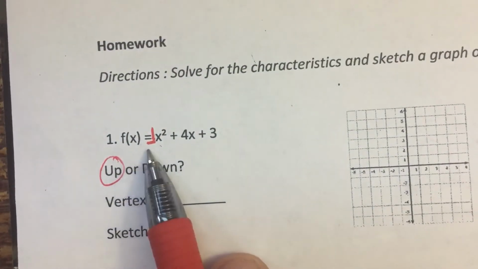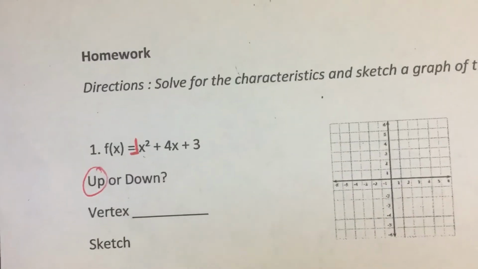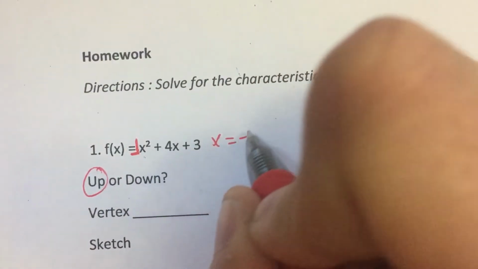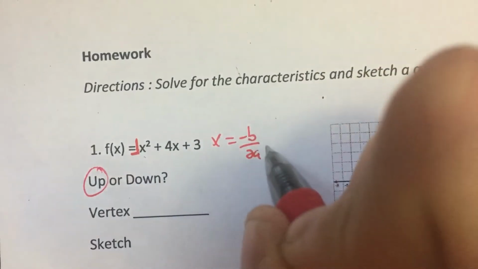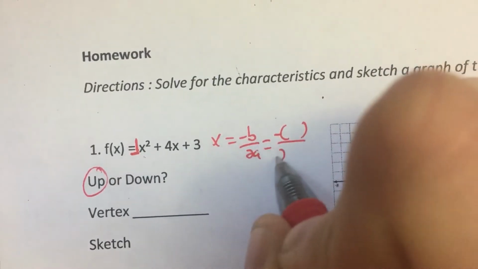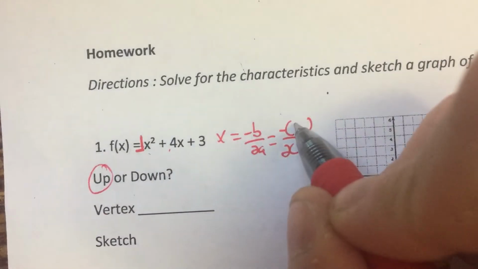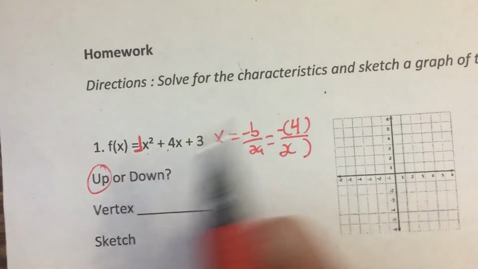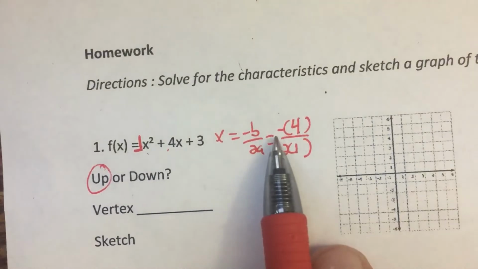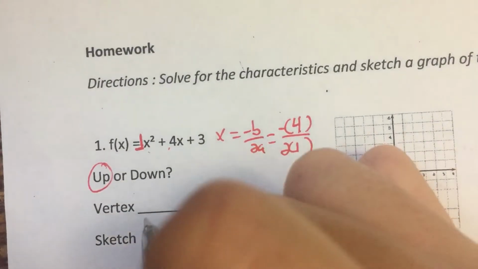The vertex, because this is written in standard form, I'm going to have to use that formula, x equals negative b over 2a. Plugging in for b and for a. B in this case is a positive 4. A in this case is a positive 1. You'll end up with negative 4 over 2, or negative 2.